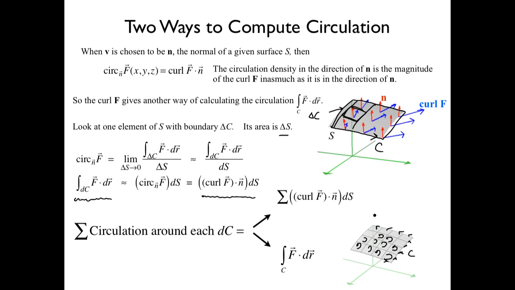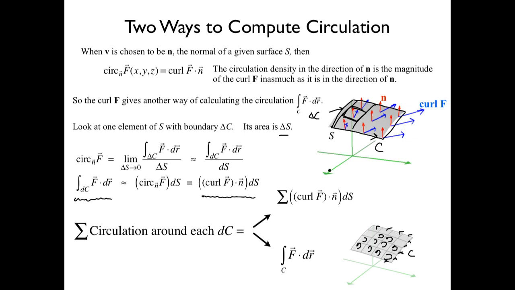Okay, so since these are both equal to the sum of all the circulation integrals, either we think about it as they all cancel out in the middle and we get just the boundary, or we think about summing up all the components of the curl in the direction of n. Both of those are the sum of all the circulation at all the points, so those two are equal.